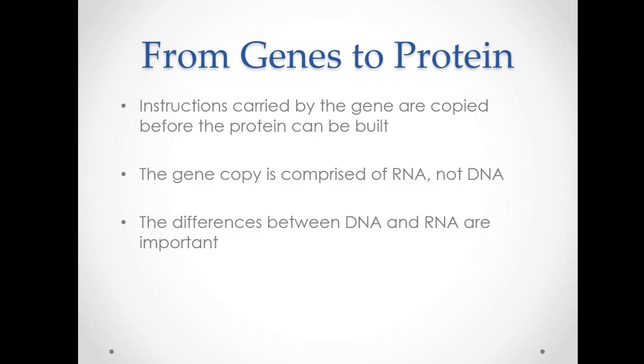But when we need to do the regular functions that a cell does, we need to have access to that information, and the DNA can't come out of the nucleus. So we have to make a copy of that information. And that's where RNA comes in. RNA is the copy of the information we need to physically make those proteins.